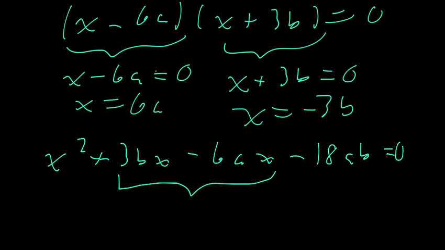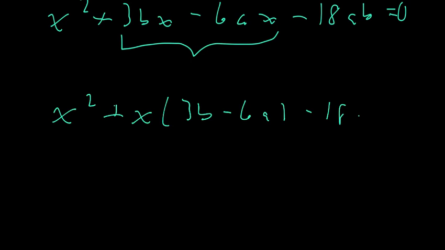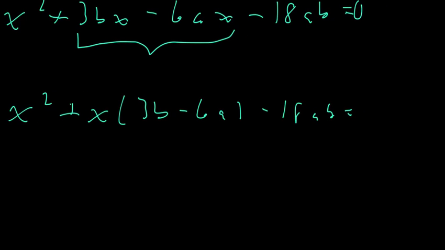I'm going to factor an x out of here. So then what we'll have is x squared plus x times (3b minus 6a) minus 18ab equals 0.